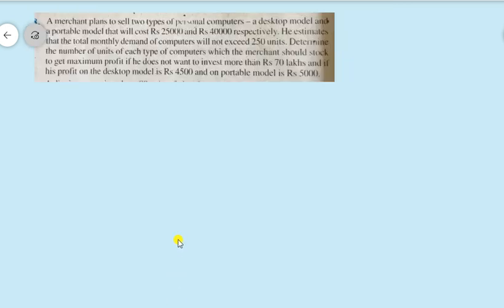Okay, now read this particular question. A merchant plans to sell two types of personal computers, a desktop model and a portable model, that will cost 25,000 and 40,000 respectively. He estimates that the total monthly demand of computers will not exceed 250 units. This is the point. The total monthly demand of computers will not exceed 250 units.